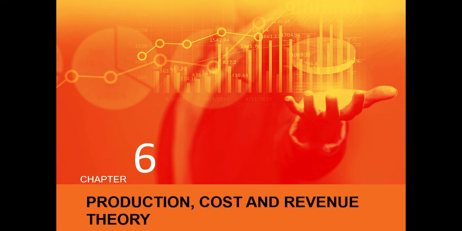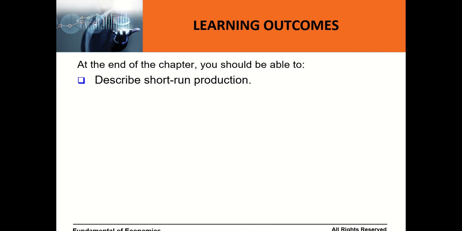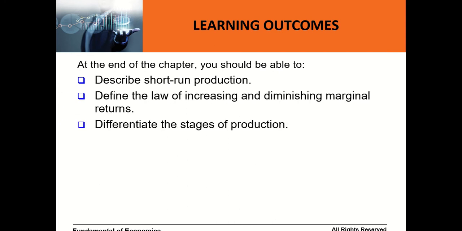You can read chapter 5 on your own, but it will not be tested in your examination, nor in your quizzes. Basically chapter 6 consists of two parts. First is called production, and secondly is called theory of cost.